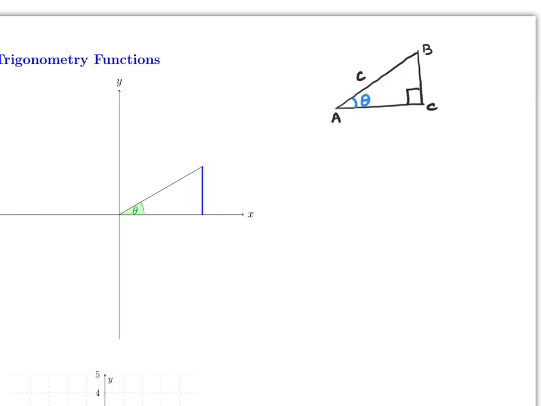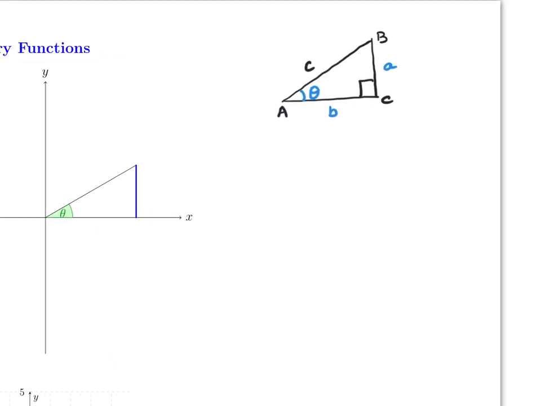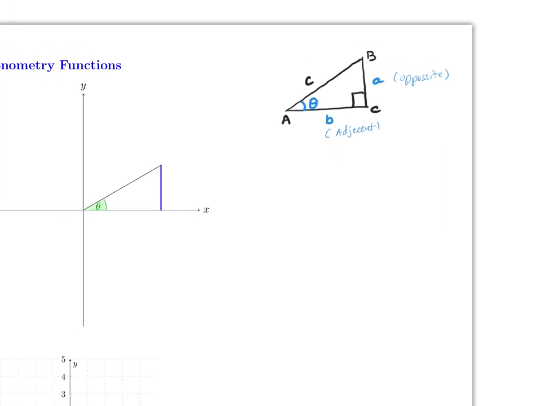So then let's say this is A and this is B. Looking at the angle theta, A is considered the opposite side, and B is called the adjacent side.